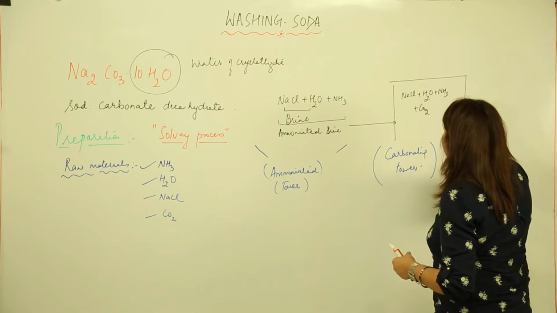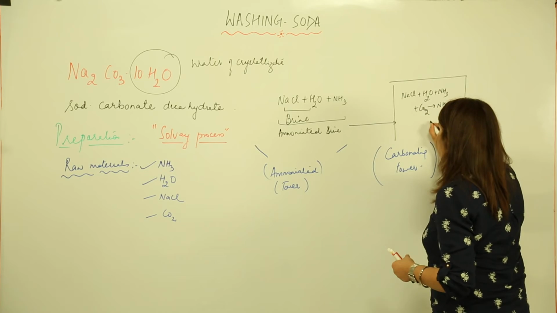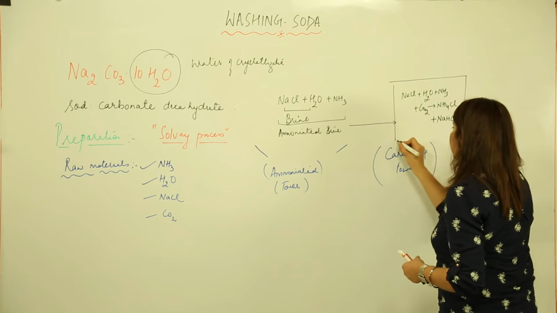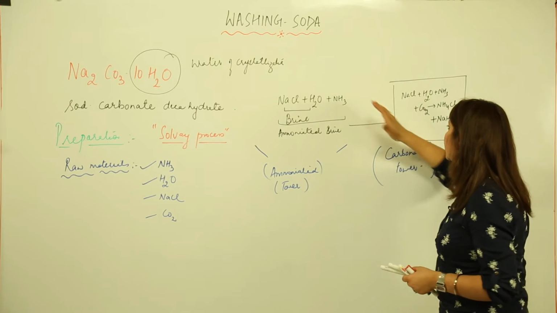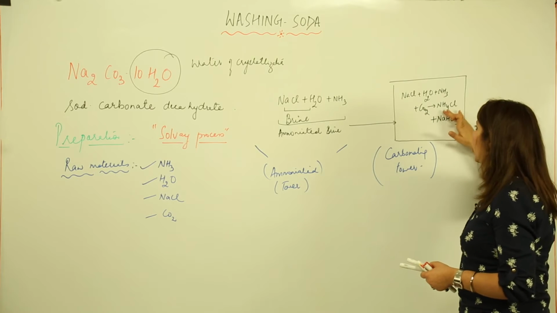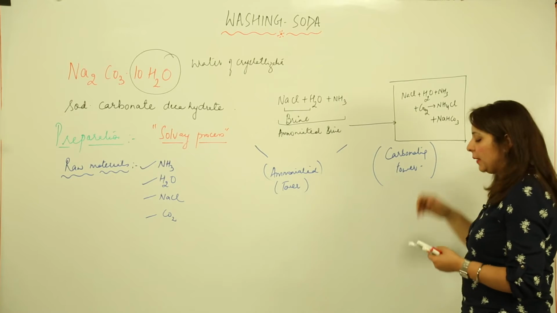And as a result, they form NH4Cl, ammonium chloride, and along with that we get sodium bicarbonate, right. So this ammoniated brine reacts with the carbon dioxide present in the carbonating tower, and it forms the ammonium chloride and the sodium bicarbonate.